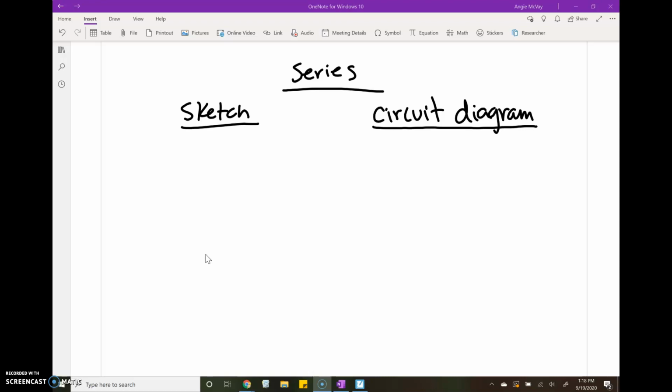Okay. So if you had a sketch, you might have a power supply or a battery drawn. You'll have a negative and a positive terminal. We'll say PS for power supply. And then you'll have some wires.